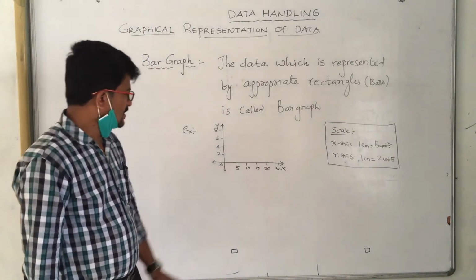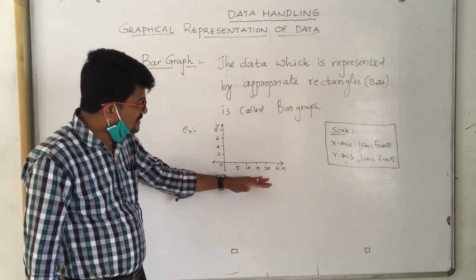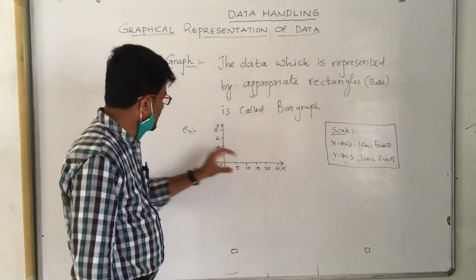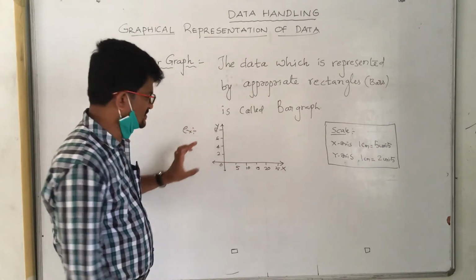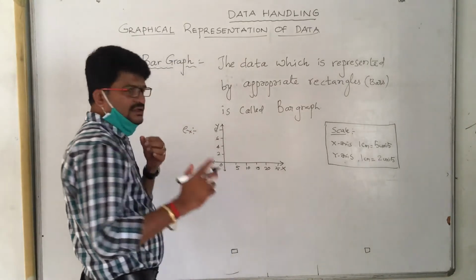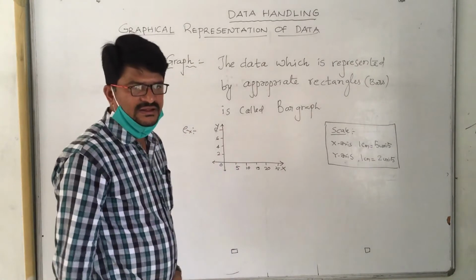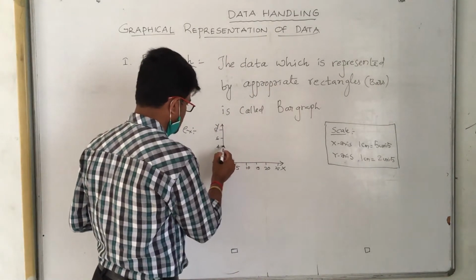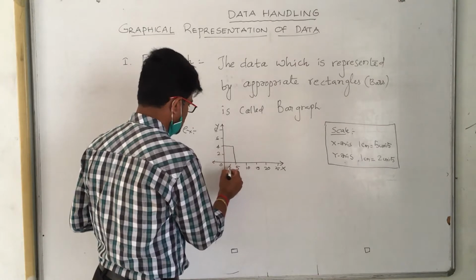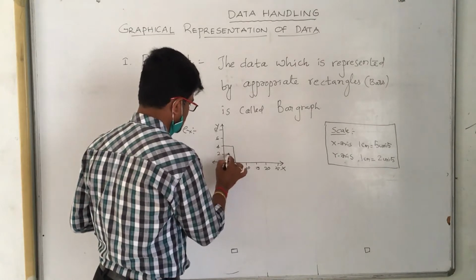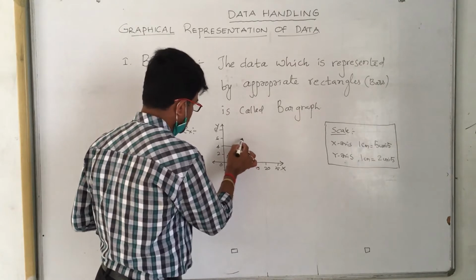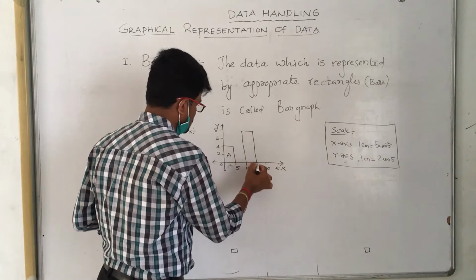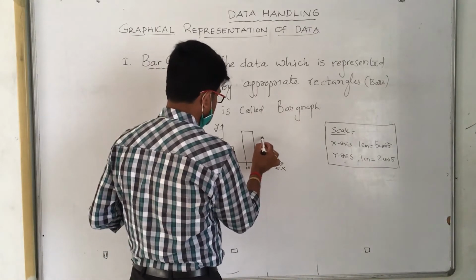Clear? Now, on the x-axis, items should be represented and the value of items should be represented on the y-axis. For example, here A, B, C, three members are given. Their marks are like this. This is A, and give a gap.